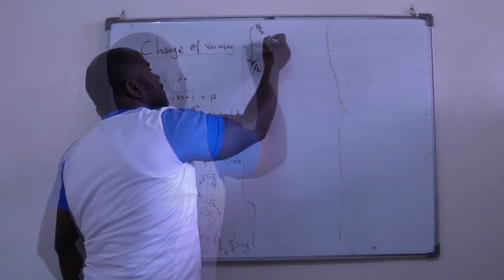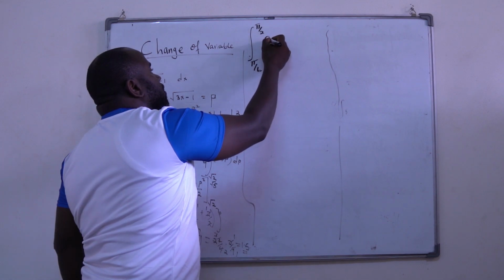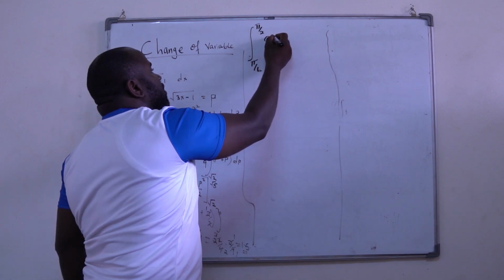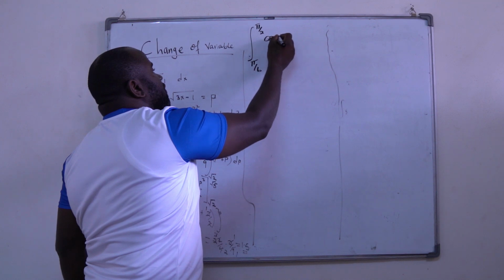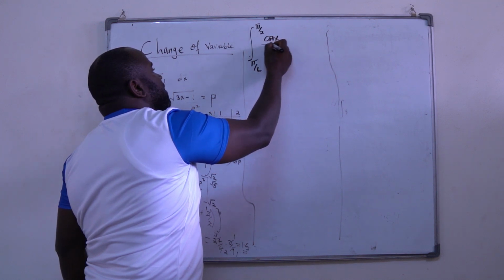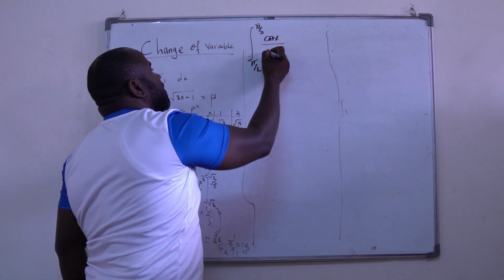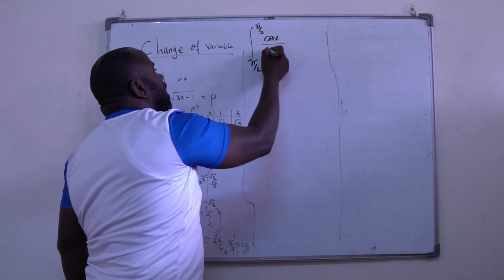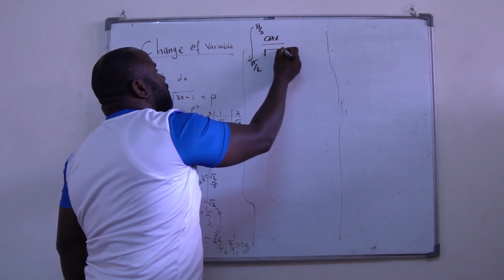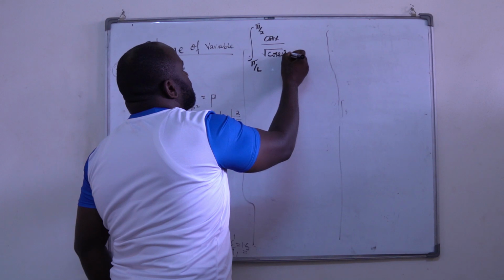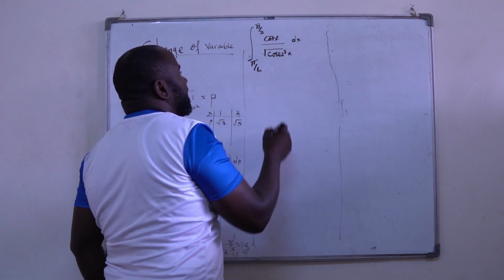Okay, there is an integral, and this integral is from pi by 6 to pi by 2 with cot of x out of the square root of cosec cubed of x dx.